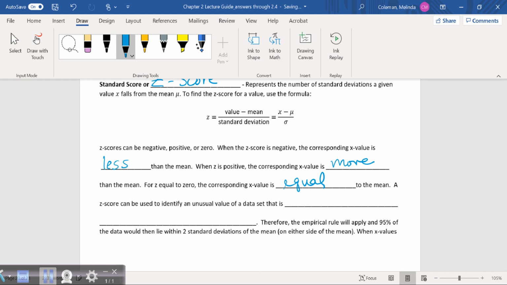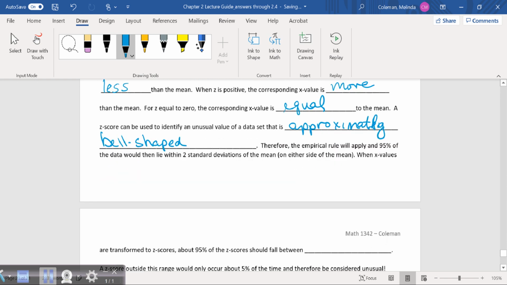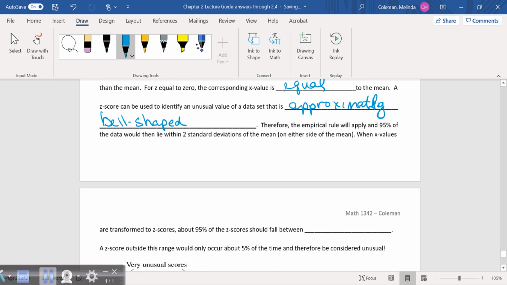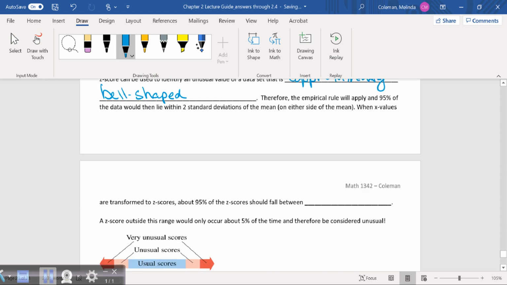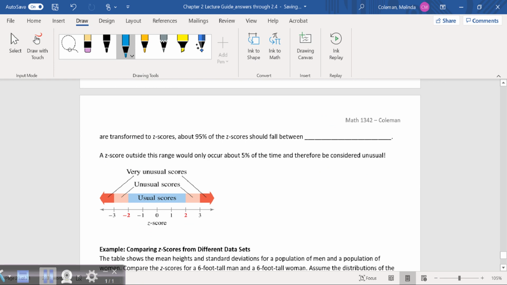A Z-score can be used to identify an unusual value of a set of data that is approximately bell-shaped. So again, we're going back to that approximately bell-shaped. The empirical rule says that about 95% of the data is going to fall within 2 standard deviations from the mean. And so it allows us then to look at a value maybe that falls right here.